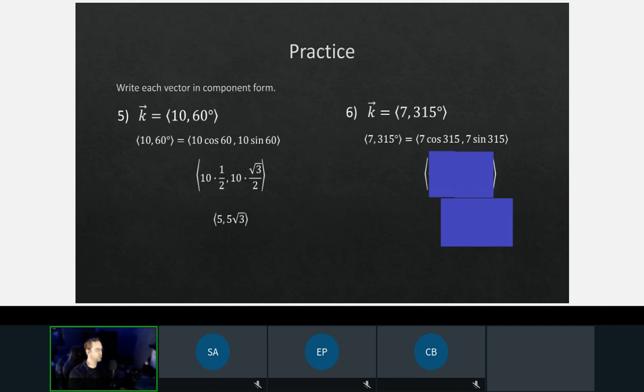Okay, everyone responded. What did everyone get for their answer? Write it in chat, please. 7 rad 2 all over 2, comma, negative 7 rad 2 all over 2. Jacob got 7 rad 2, comma, negative 7 rad 2.